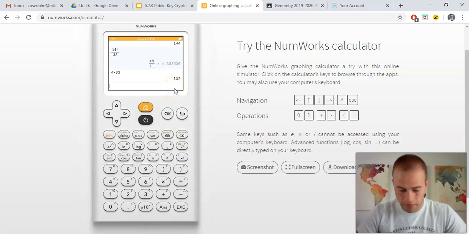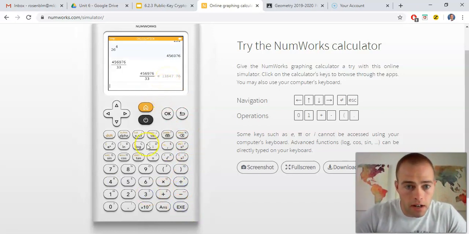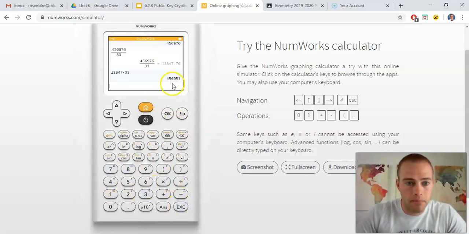Let's show you the third and fourth letters. They're both 26. I'm going to take 26 to the 7th. That's going to be too big. How about we do 26 to the 4th? And reduce that mod 33. 13847. Looks like my remainder was between this number and this number, 25.